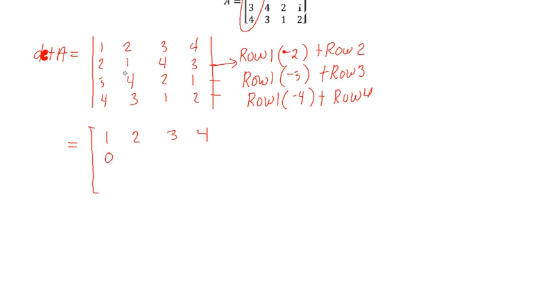So, punta naman tayo sa element ng row 2 column 2. So, yung row 1 natin is 2 times negative 2, that is negative 4, plus yung element natin sa row 2 which is 1. So, negative 4 plus 1, that is negative 3. Yung susunod naman, yung element natin dito sa row 3 column 3.